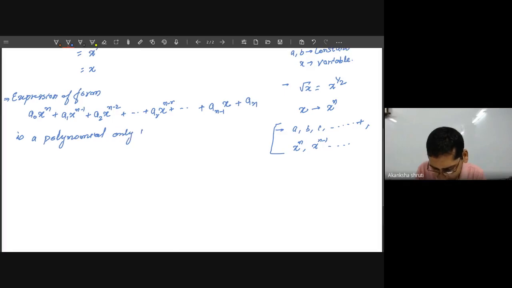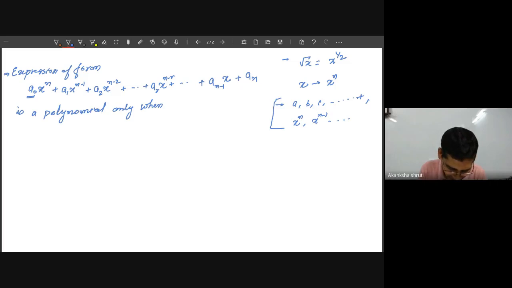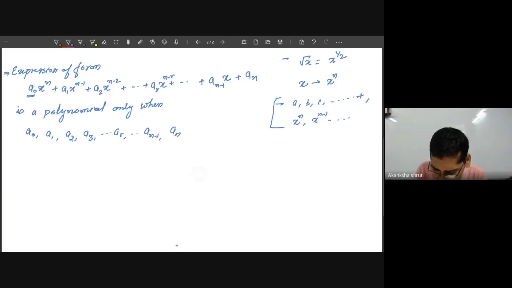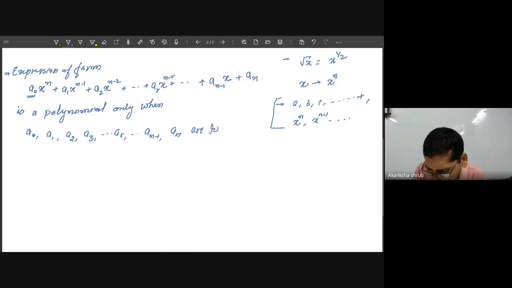Whatever these numbers, a0, a1, a2, a3, going on up to ar, or the last ones a n minus 1 and a n, these are the multipliers of the variables. The condition is that they are real numbers.